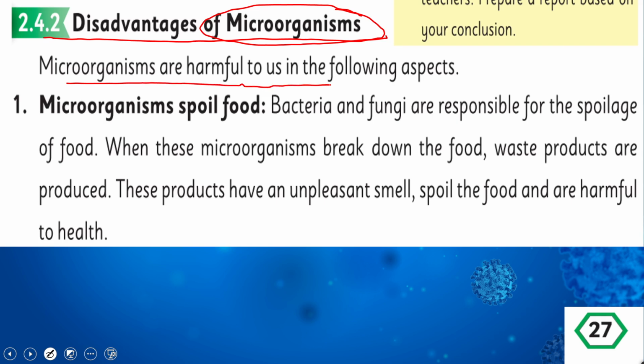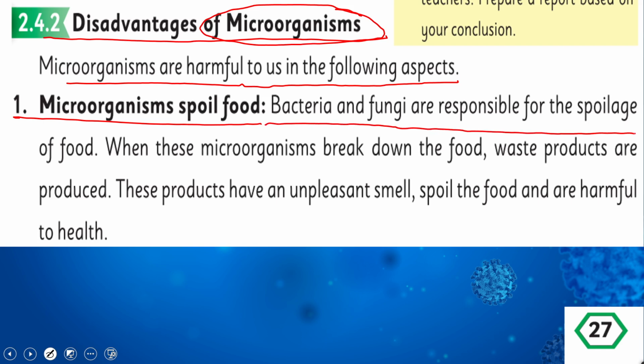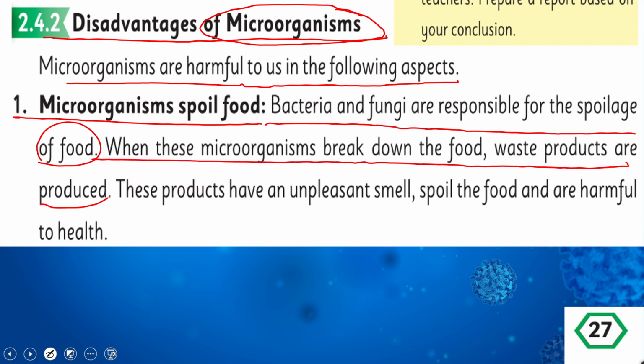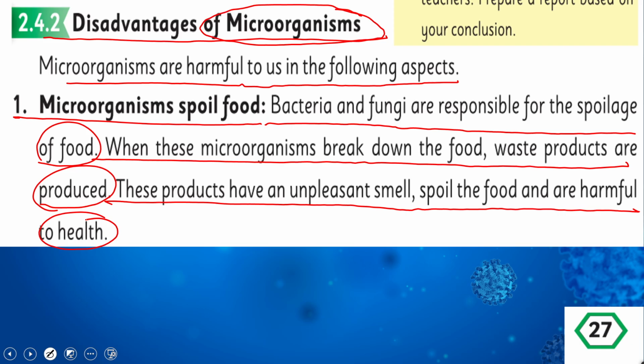Microorganisms are harmful to us in the following aspects. Microorganisms spoil food. Bacteria and fungi are responsible for the spoilage of food. When these microorganisms break down the food, waste products are produced. These products have an unpleasant smell, spoil the food, and are harmful to health.